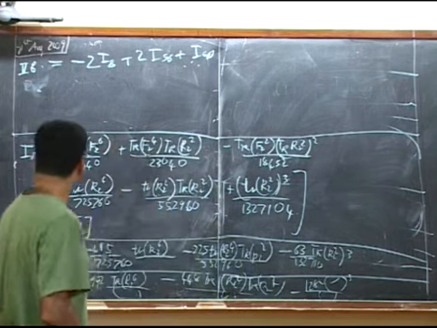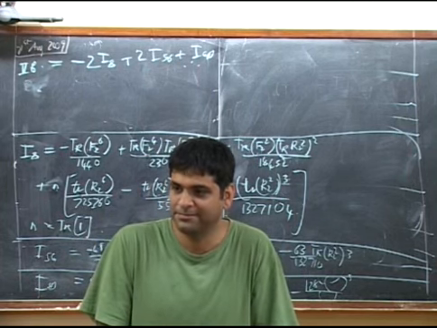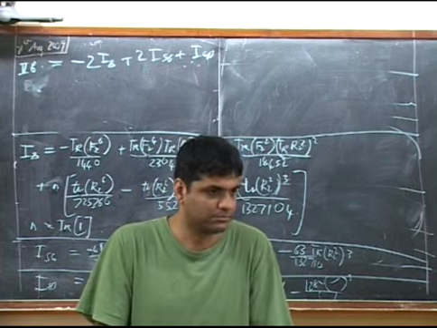Remember the field content of type 1 theory? Somebody remind me of the field content of type 1 theory. There's the gauge boson and its superpartner, which is a chiral fermion. Both in the adjoint. Okay? And then in addition you have some of the fields of type 2B theory, those that are not projected out.